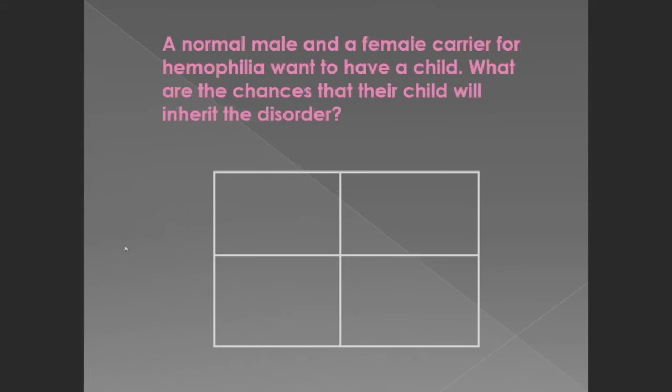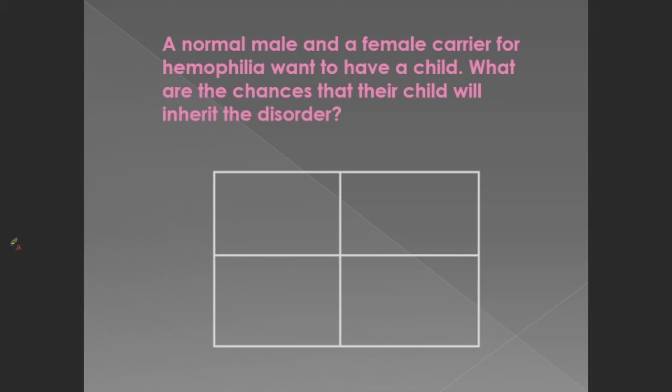So moving on to the next one, we're going to look at hemophilia. Hemophilia is a blood disorder, and typically with hemophilia what happens is your blood doesn't clot, so if you get just a simple cut, it's a lot easier to bleed out. So with this one, it doesn't give us letters, so we get to pick our own.